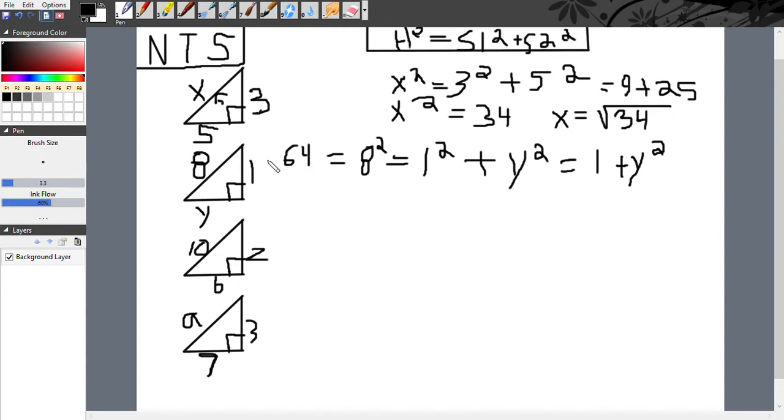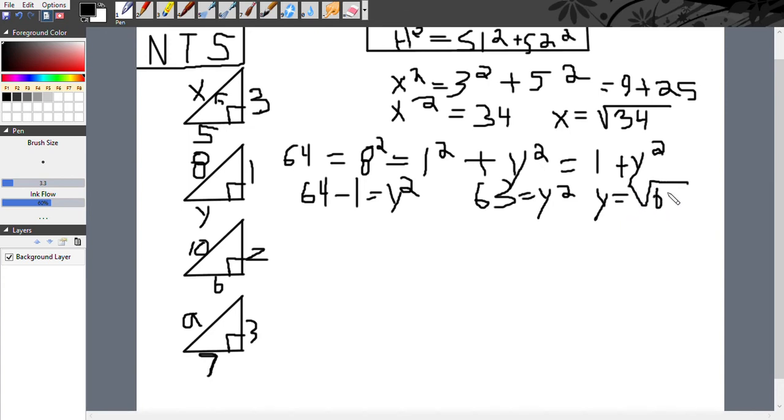If you take the 1 to the other side, it means 64 minus 1 is equal to y squared. That means 63 is equal to y squared. So y will be equal to the square root of 63.